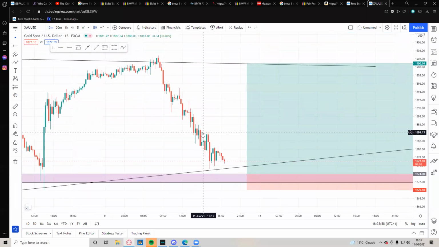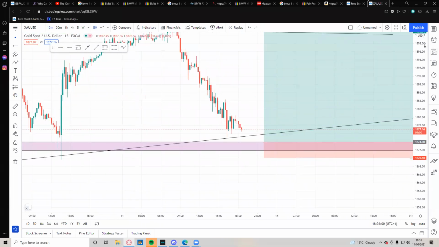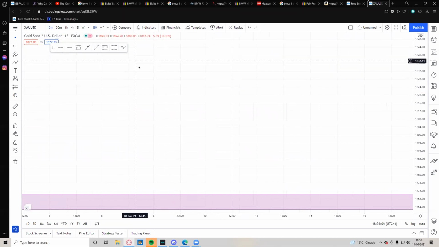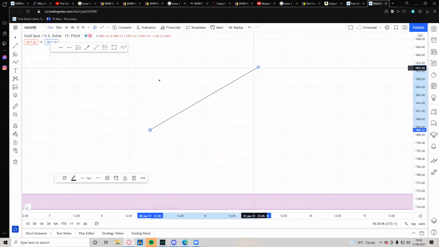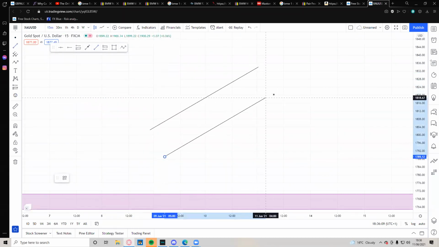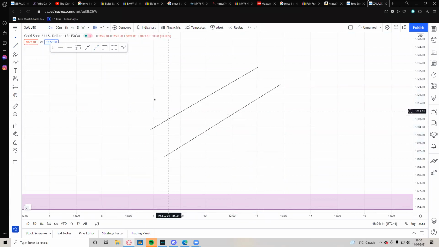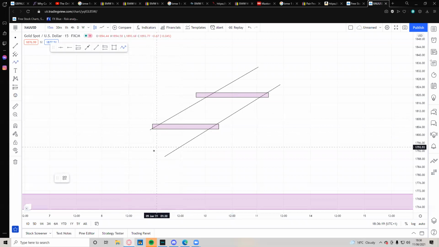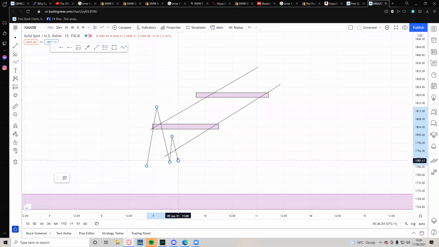Okay, so I just want to go through and explain some things for you guys as well. So I wanted to just explain a choppy market for you guys. Some of you guys might not know this, but it's when the market does not conform to any trends. It doesn't conform to any support and resistance. It literally just does what it wants, right? So in this example, a choppy week, you would literally have price just doing what it wants.